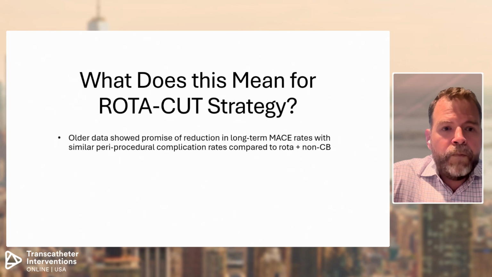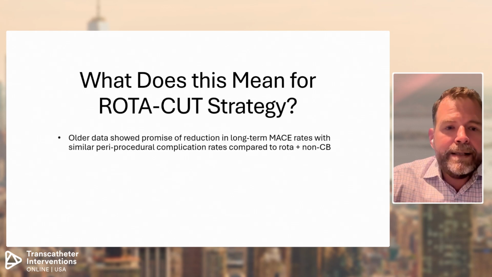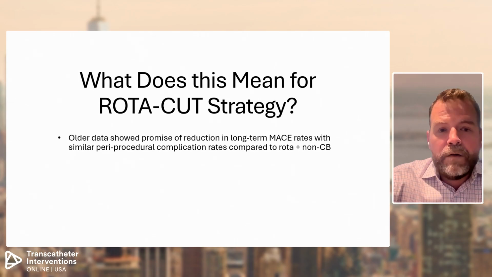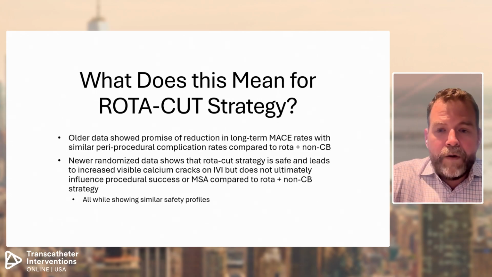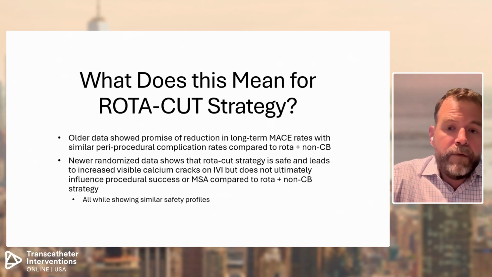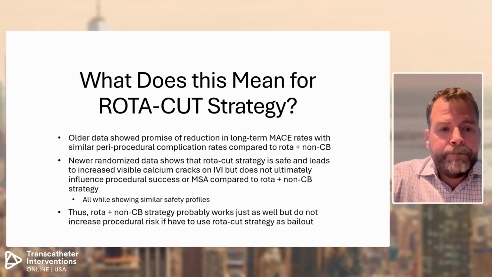So kind of summarizing what the data really shows before we jump to a case is that the older data did show a promise in reduction in long-term MACE driven primarily by the decrease in target vessel revascularization when you add a cutting balloon to rotational atherectomy compared to a non-cutting balloon. But the newer randomized data didn't really seem to show very much difference other than some increased cracks on intravascular imaging compared to a non-cutting balloon strategy after rotational atherectomy, although again, very similar safety profiles, which is important.